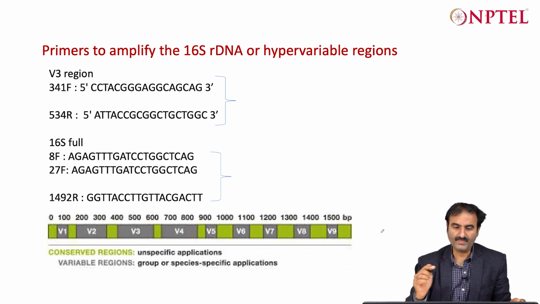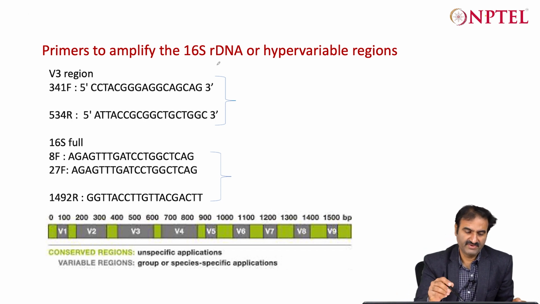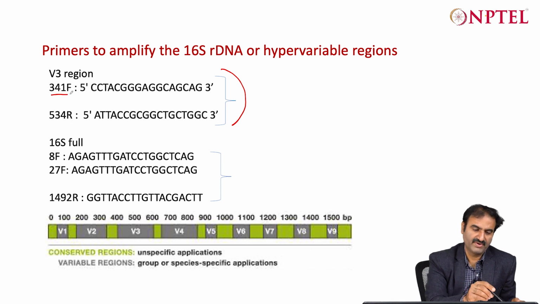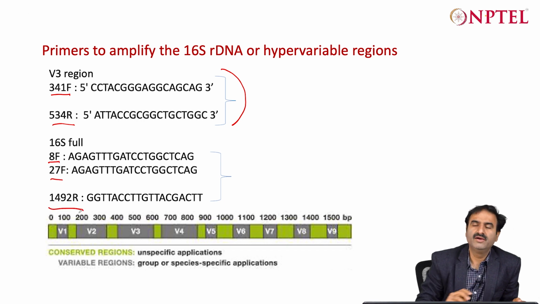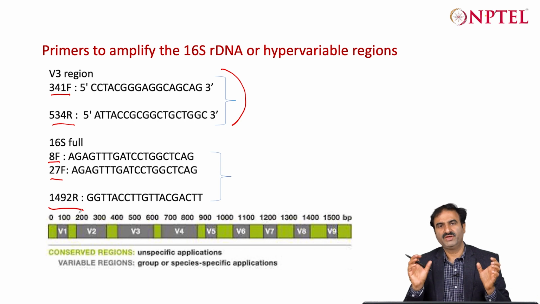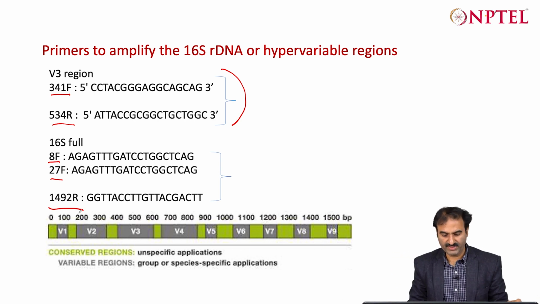The primers for the V3 region are these two mentioned here, 341F and 534R, forward and reverse. Similarly, with the complete 16S you have to pick one primer from the start, like the 8th or 27th position, and one from the end, 1492R, because this way you can cover almost the complete 1.5 kb gene.